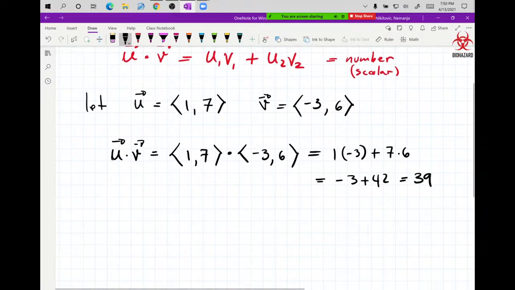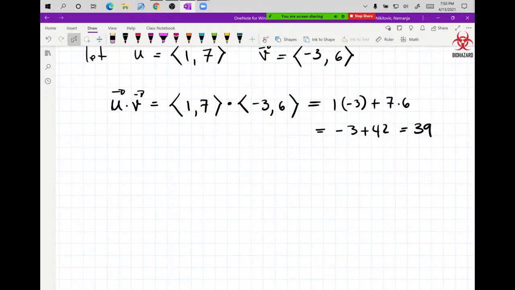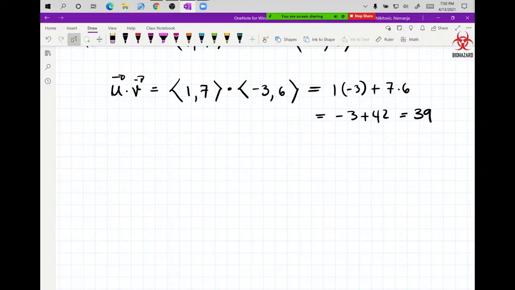Now that you can find the dot product, we can take a look at the use for this. And this is going to be the alternative formula for the dot product.